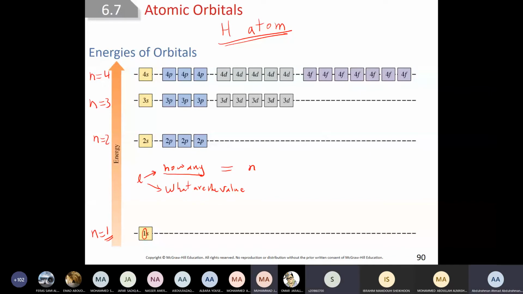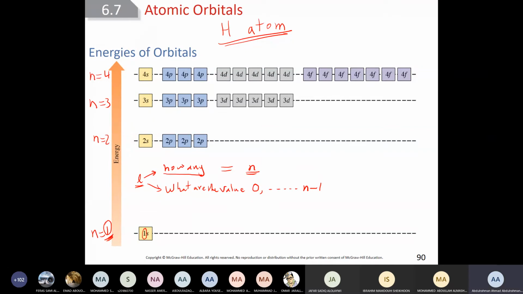The same, 1. What are the values? From 0 to n minus 1. And that's why it's only 0.